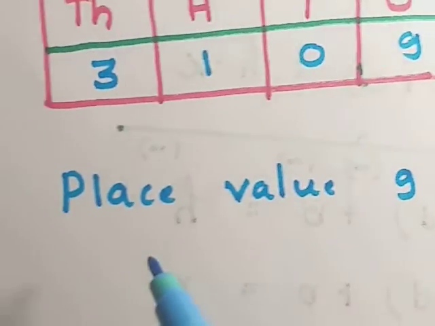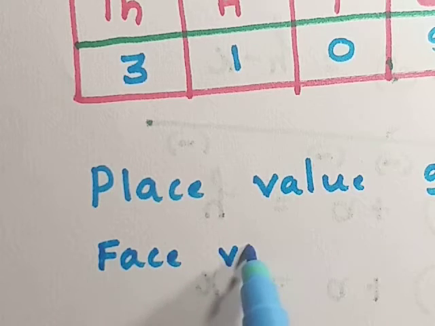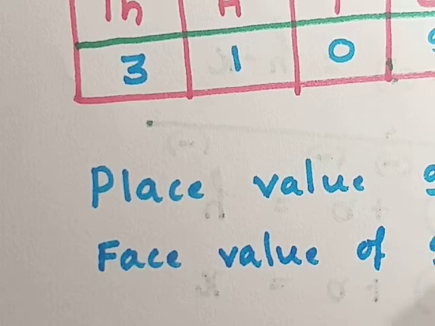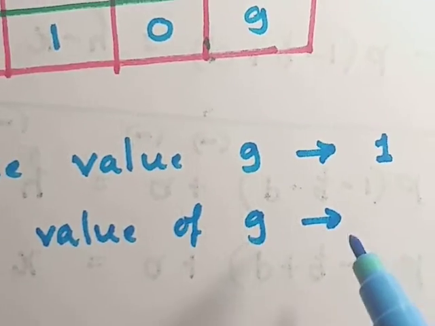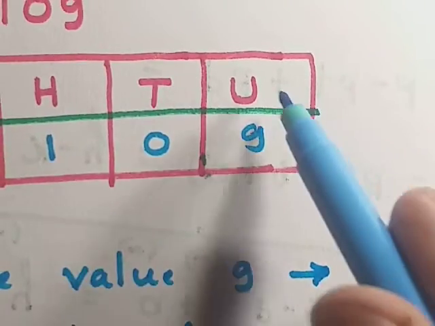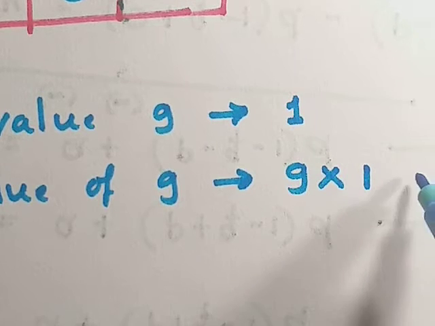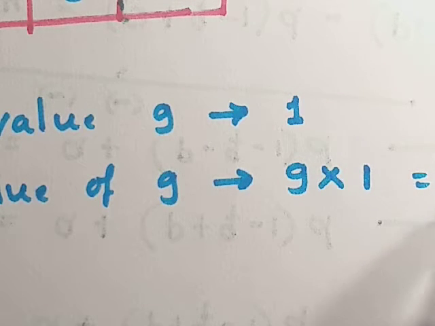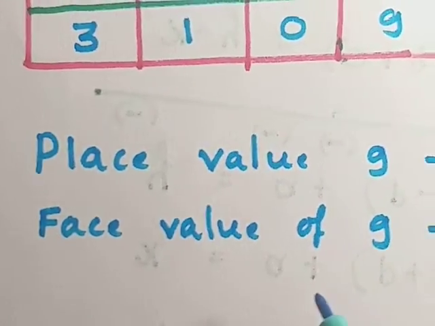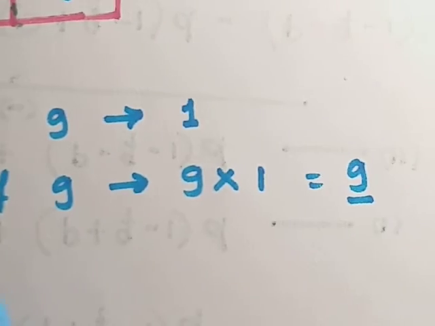Similarly, face value of 9 is, we have to write 9 into its place value. Its place value is 1, that is 1 times 9 equals 9. Therefore, the place value of 9 is 1, whereas the face value of 9 is 9.